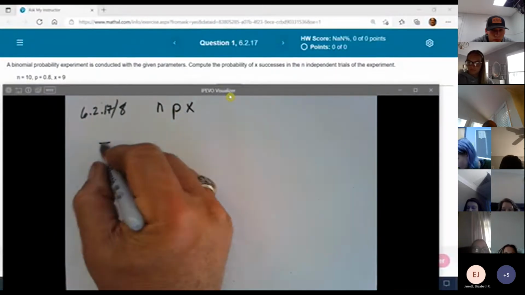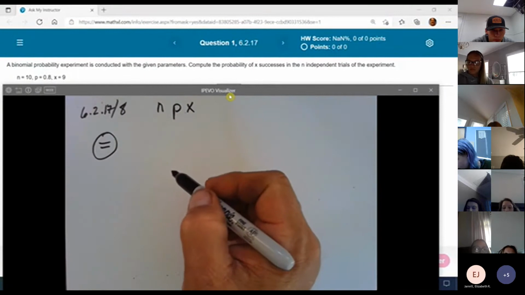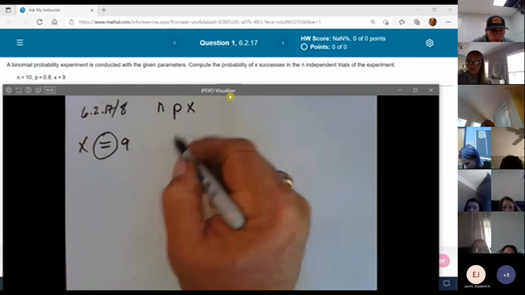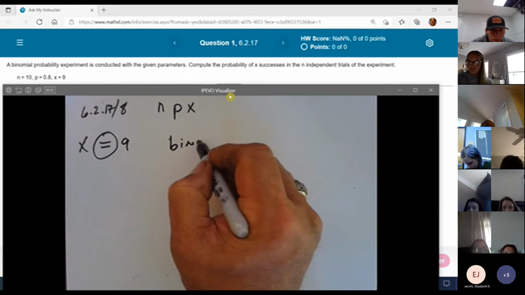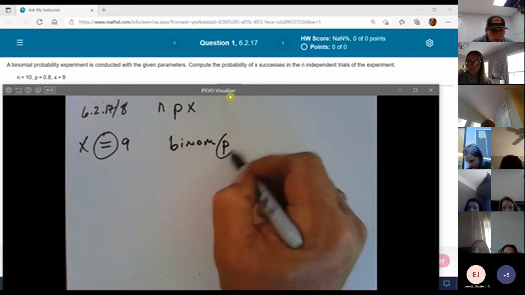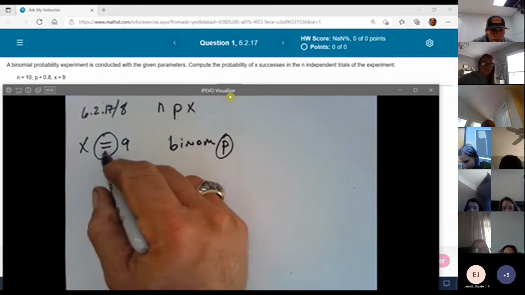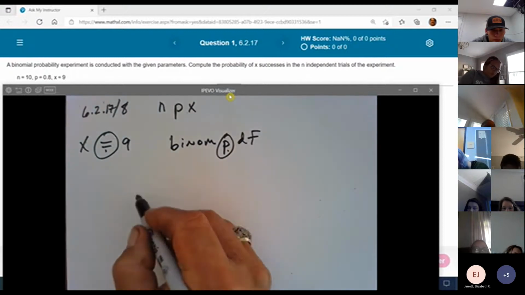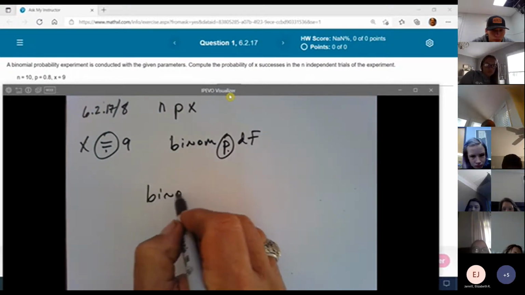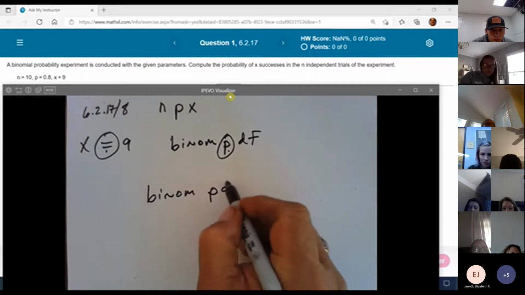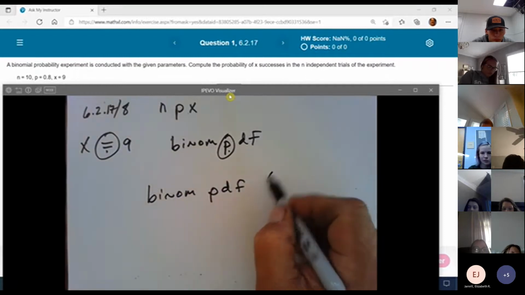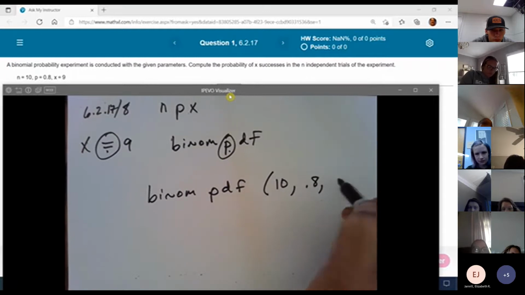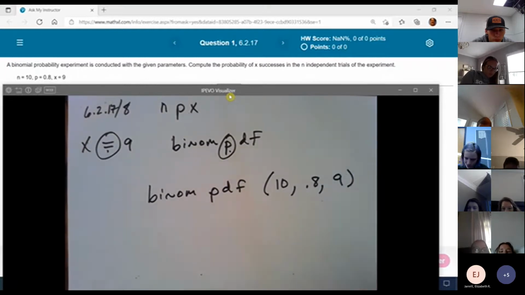Since it's an equal sign, x is equal to 9. Since x is equal to 9, you have to use binomial PDF for precise. Equals means precise. So that's going to be binomial PDF. N is 10, .8 is P, and 9 is X.